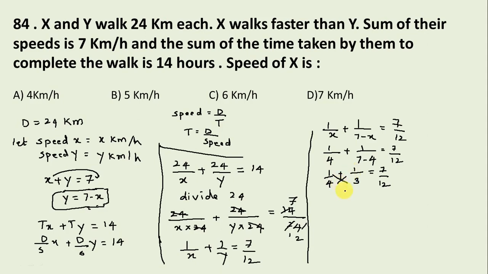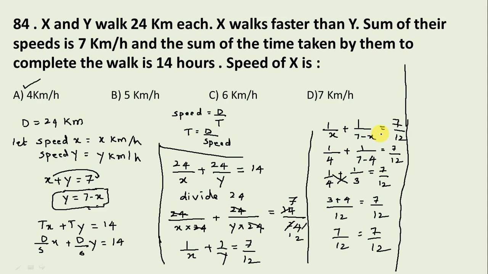Cross multiplication. 3, 4, 3 4s are 12, 7 by 12. That is 7 by 12 is equal to 7 by 12. It is option A. We can also solve this by solving this expression. We give two methods for this expression. Whichever you feel easy, you just follow that one.